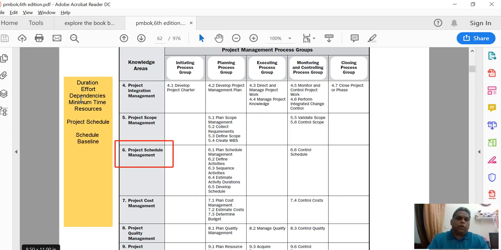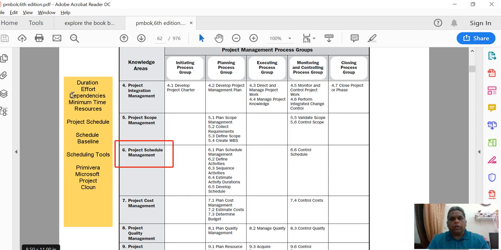Now, a lot of project managers, especially on large projects, would use scheduling tools like Primavera or Microsoft Project to develop their project schedules.